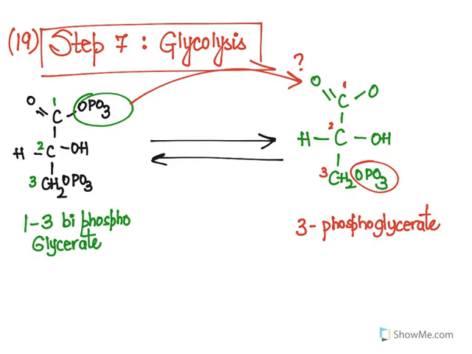Now, where did we lose this phosphate to? Where did it go? Basically, this phosphate has been used with the ADP to give result to ATP, which is the energy currency of the cell, adenosine triphosphate. So where did the phosphate group go?